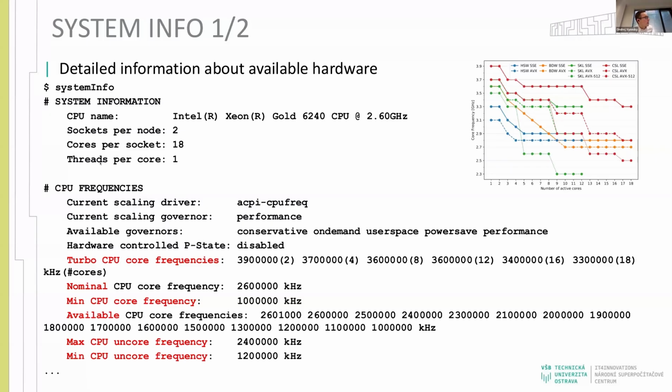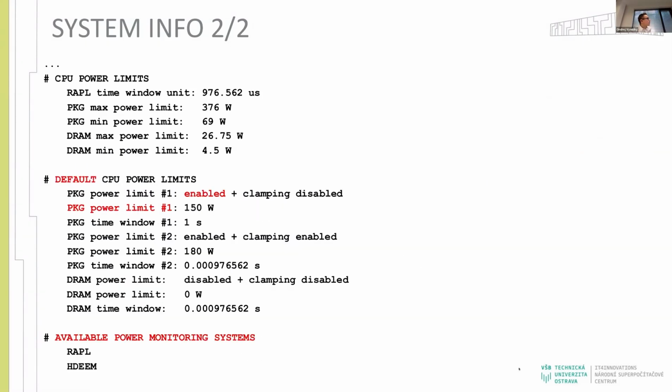However, how should I know which machine I'm really on? So there's another utility part of MERIC which provides information about the hardware: what CPU is there, what GPU, what frequencies are available, whether MERIC itself is able to change the core frequency, potentially also the uncore frequency, if MERIC has access to that information.